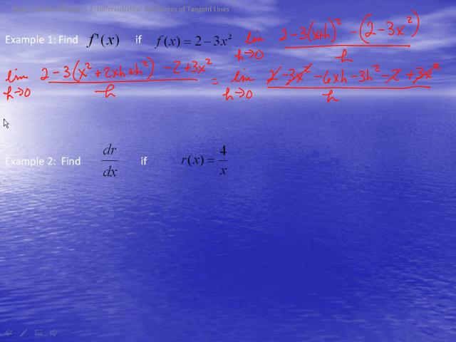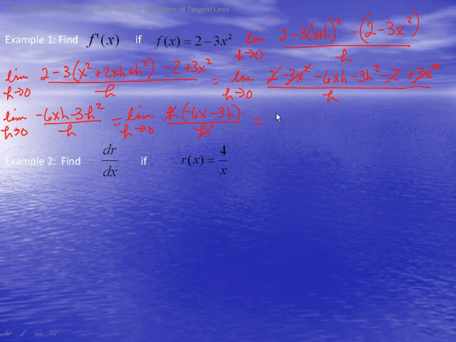So that's going to give us 3h squared all over h. We can factor out the h in the numerator. Notice that our h's cancel, which is good news.